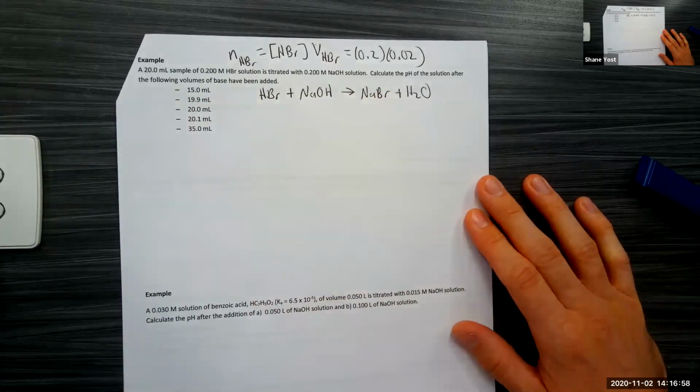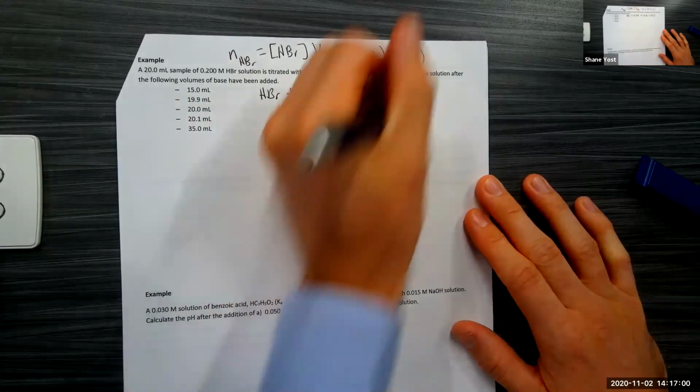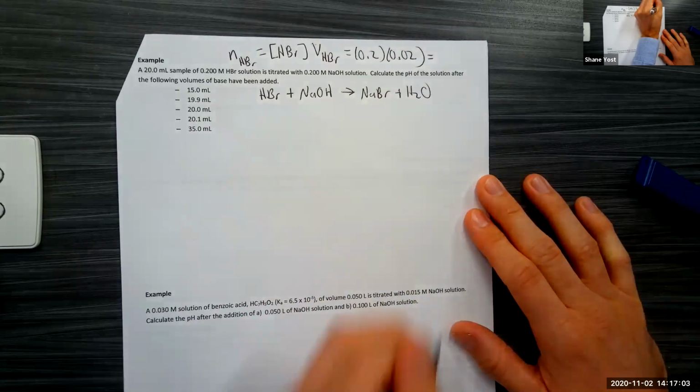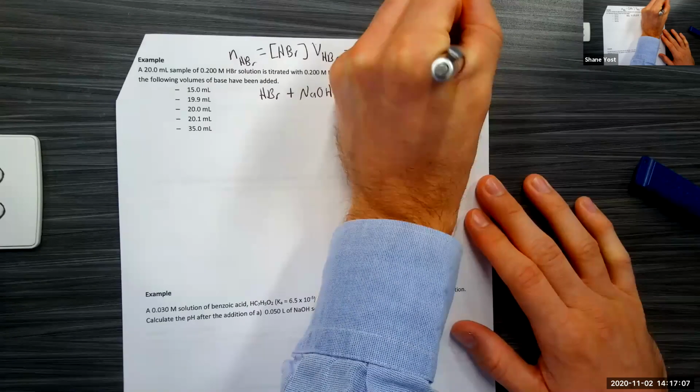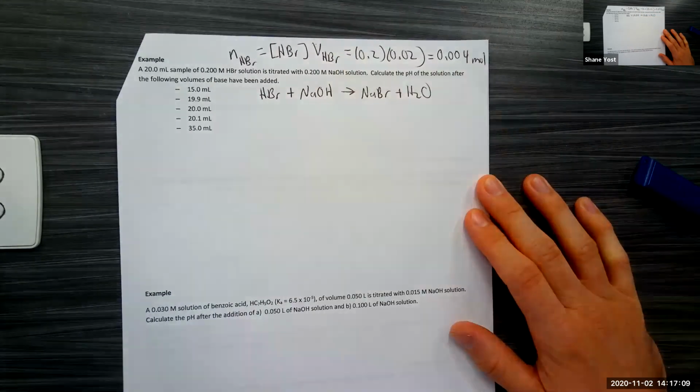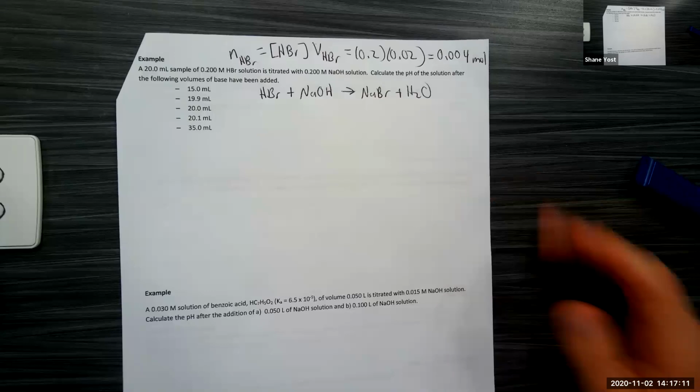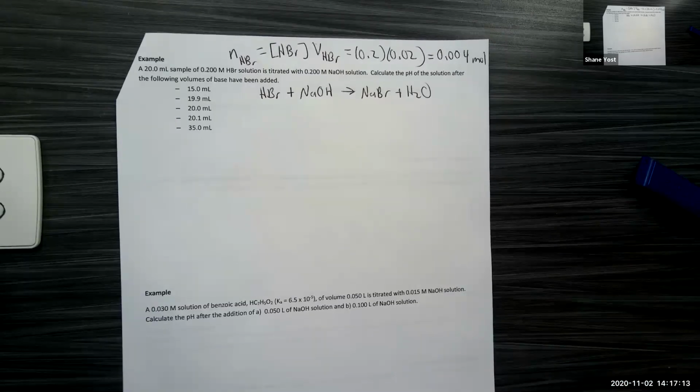And so my number of moles of HBr is 0.004 moles. That is the number of moles of HBr in that solution.